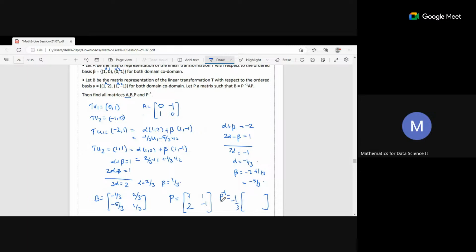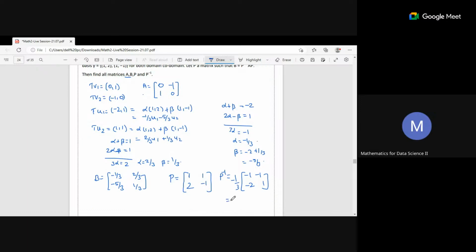Inside, you have to do the place change and sign change. This is a shortcut for finding the 2 by 2 inverse, right? So the matrix P inverse is 1 by 3, 1 by 3, 2 by 3, minus 1 by 3.